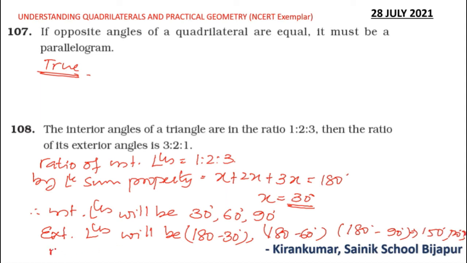Let's take the ratio now. The ratio is 150 is to 120 is to 90. We can simplify further. We get it as 5:4:3. So it cannot be 3:2:1. It has to be 5:4:3. So the given statement is a false statement.